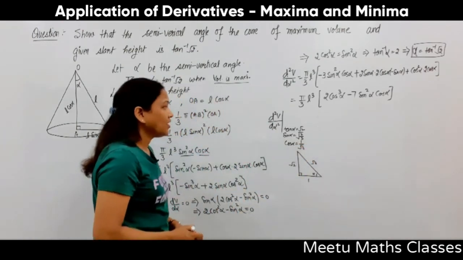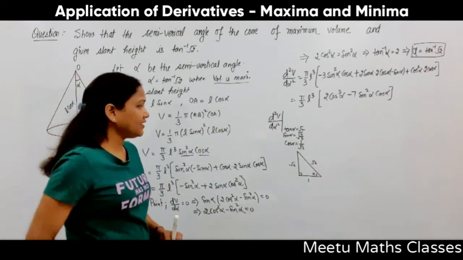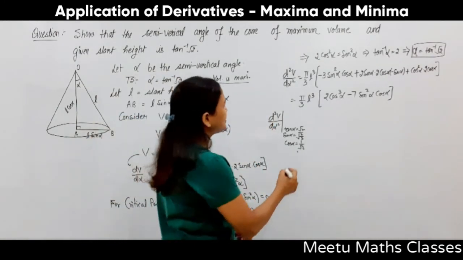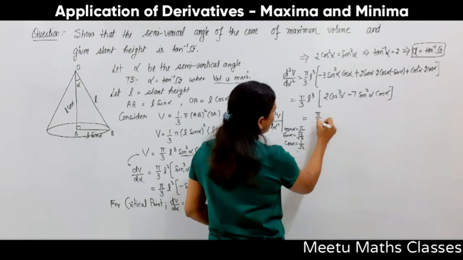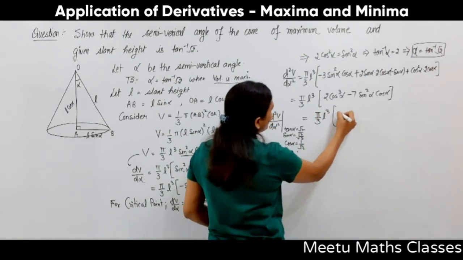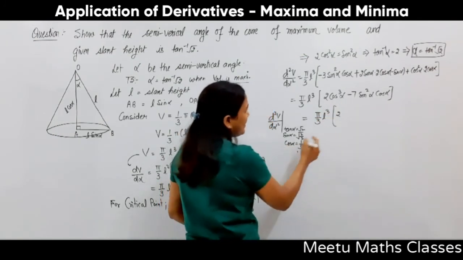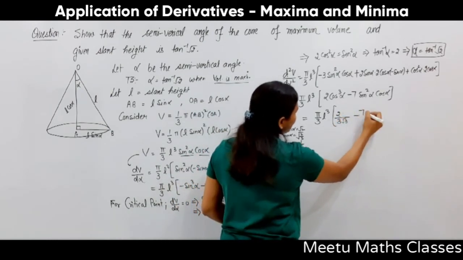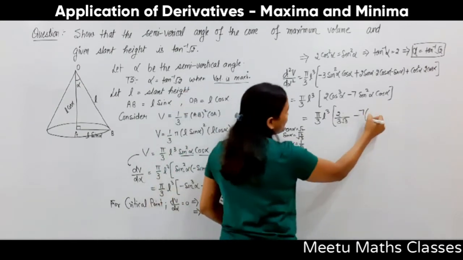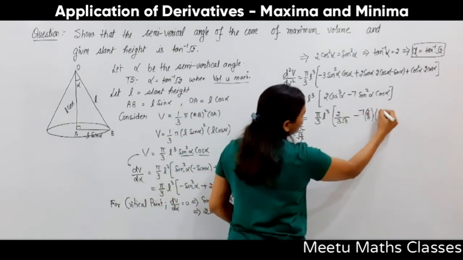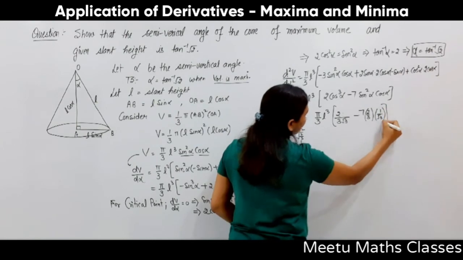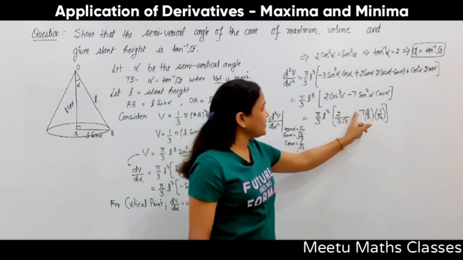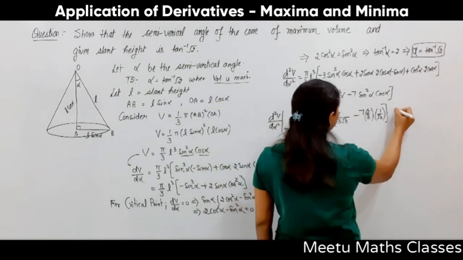So at this particular critical point, the second derivative will be equal to 2 cos cube alpha is 1 by 3 root 3, minus 7 sin square alpha is 2 by 3 and cos is 1 by root 3, and this is 2 minus 14 by 3 root 3, which is a negative quantity.